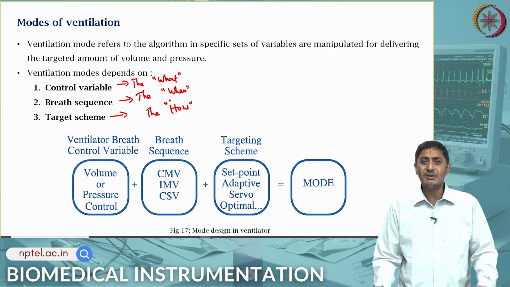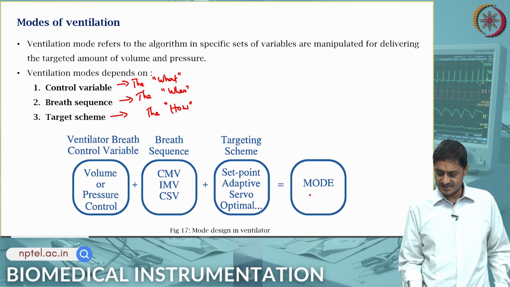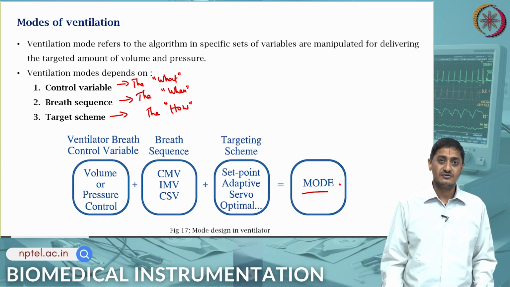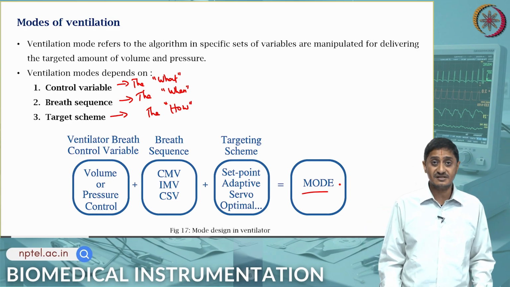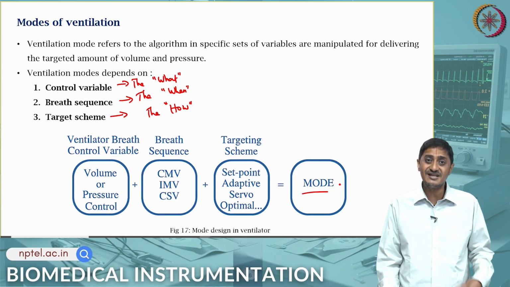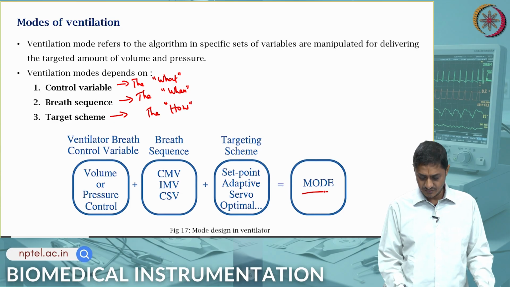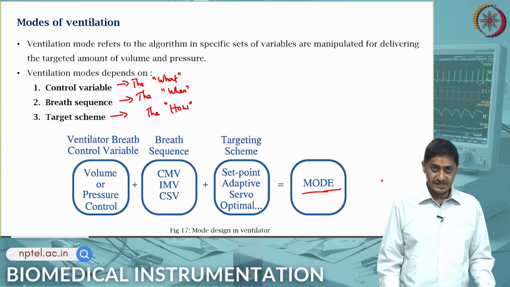These three combined together, synthesized together, will essentially define the mode of ventilation. There are several combinations possible from each of these three dimensions. These three together will decide the mode of ventilation.